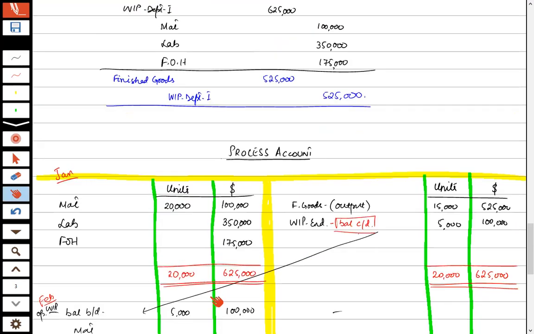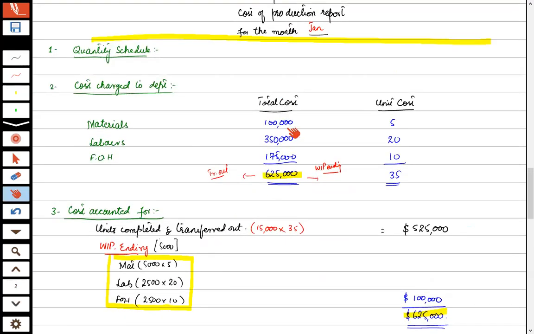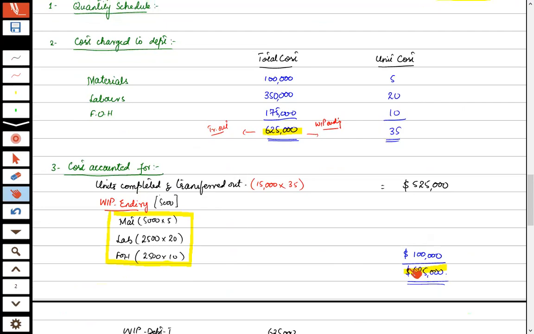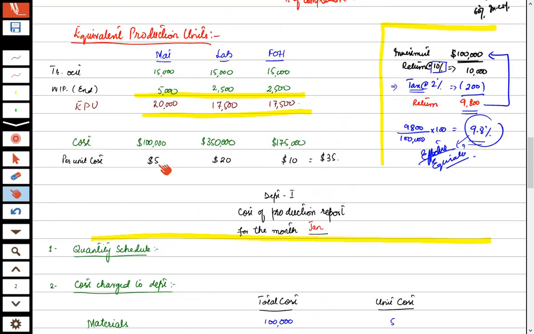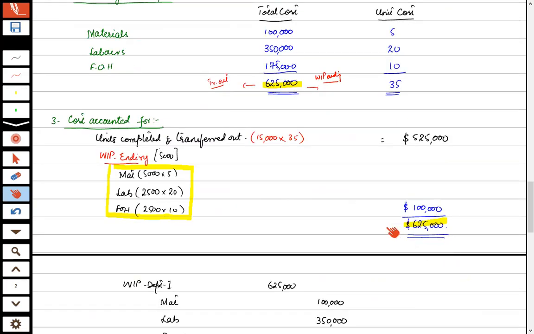Now, just remember one thing, that the total cost charged and the total cost accounted for must tally. But if the unit costs are in decimal points, we can round them off. It's not a hard and fast rule that it should tally to each and every penny. If there are decimals, obviously the cost will be disturbed a little bit, but it would be near to it. The bigger the difference, the more likely it is the wrong answer.